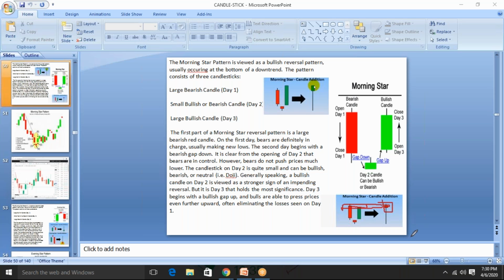This is the psychological meaning of the morning star. See here, the three candles' net effect is equal to a hammer. Is it fine, sir? Yes, sir.